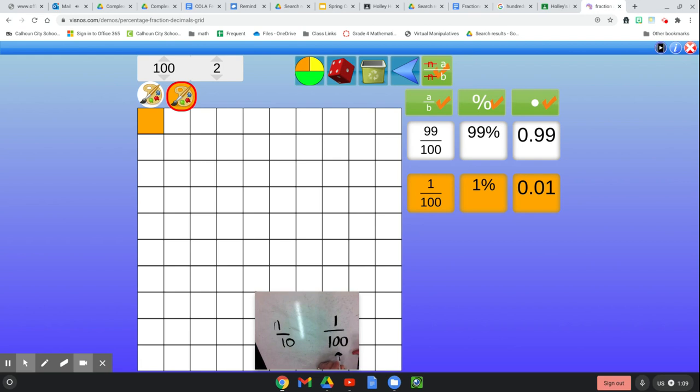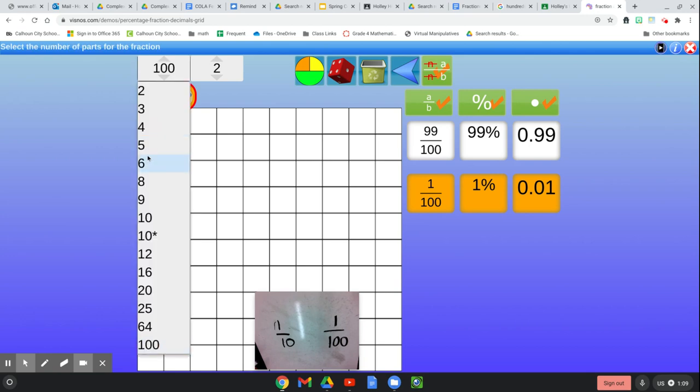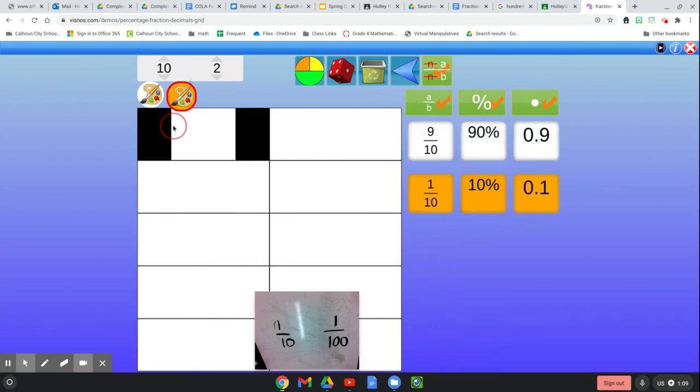This right here, 1/100. Which one would you say is greater, 1/10 or 1/100? So think about that. Now, obviously from our picture, 1/100 looks much smaller than our 1/10, correct?